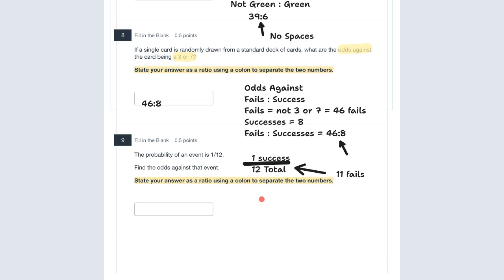So then the odds against the event, odds against is the fails to the successes. In this case, there are 11 fails and 1 success. And again, no spaces right here.